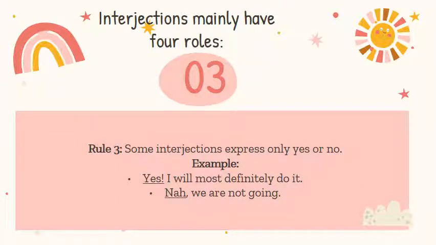Rule number 3, some interjections express only yes or no. Yes, I will most definitely do it. Nah, we are not going. Nah means no, okay? So yes and no are included in interjections too.